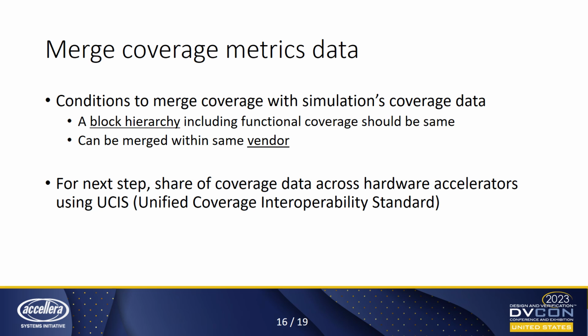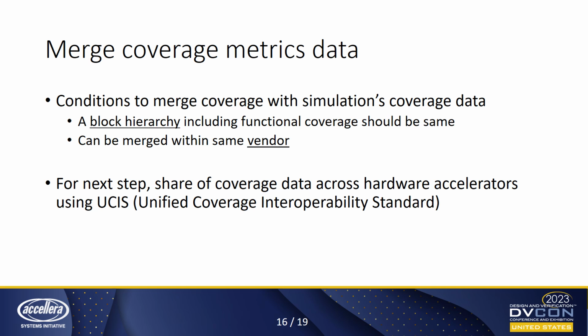Having the second condition means that we must use the emulators of the same vendors as the simulation. However, each vendor's emulator has advantages for different situations. So it is not the best case to take the second condition, the same vendor.